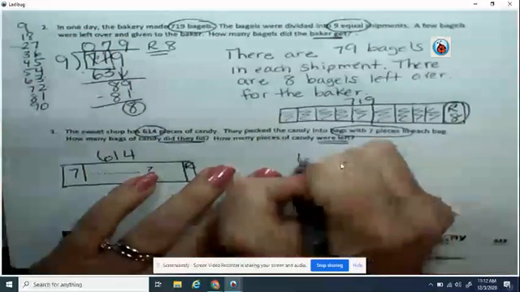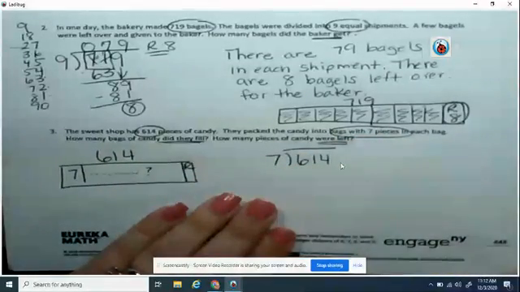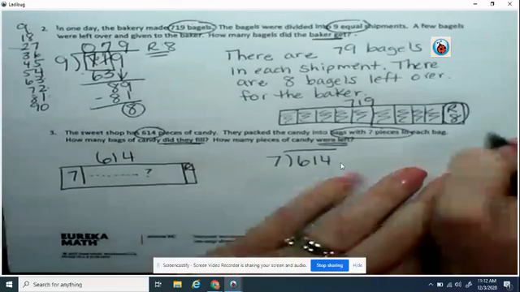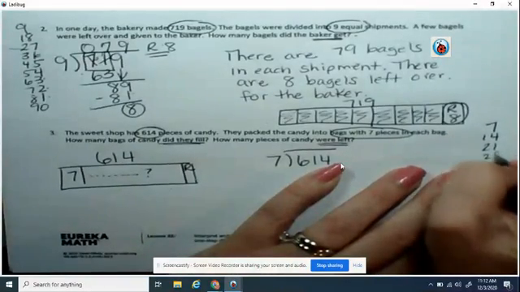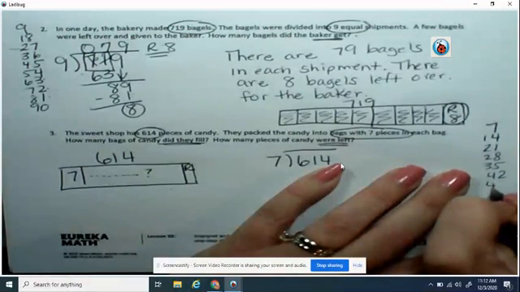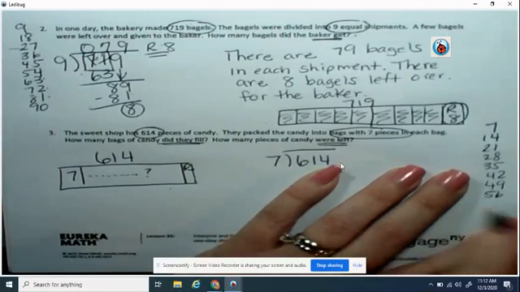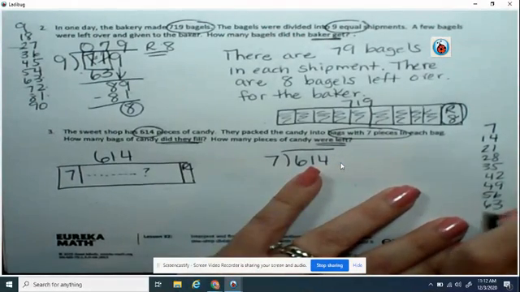So let's do this math. 614 divided by 7. And I'm going to come over here and I'm going to write out my 7s because those are harder. 7, 14, 21, 28, 35, 42, 49, 56, 63, 70.